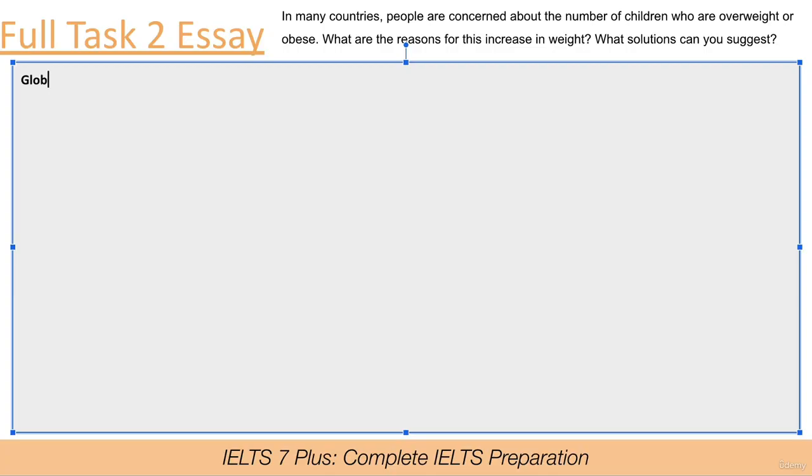So, in many countries, let's start off with globally, or societies, or many individuals.